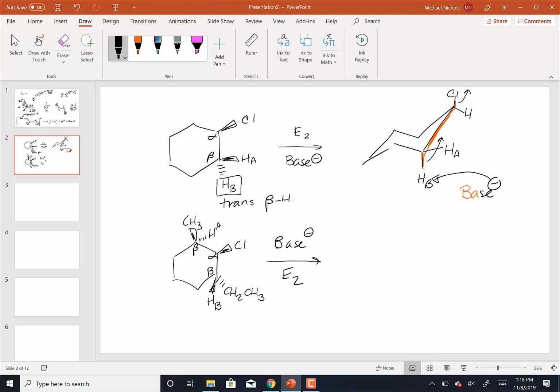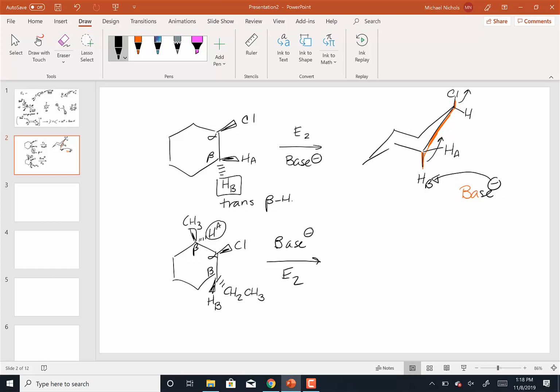Better statement, is that beta hydrogen trans? So which beta hydrogen is trans? HA. Can the base remove HB? No. Up over here, can I twist this molecule to ever make HB anti-periplanar to the chlorine? No.